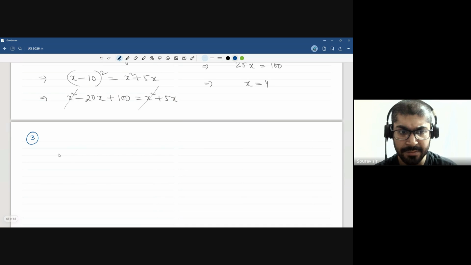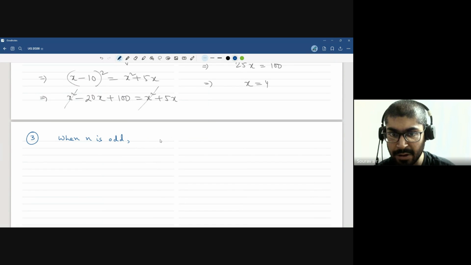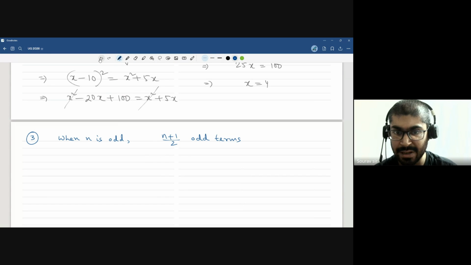So when n is odd, you have n plus 1 by 2 odd terms and twice into, I mean n minus 1 by 2 even terms, right?